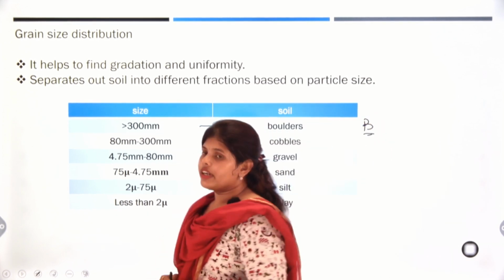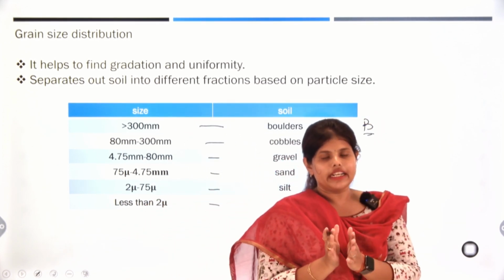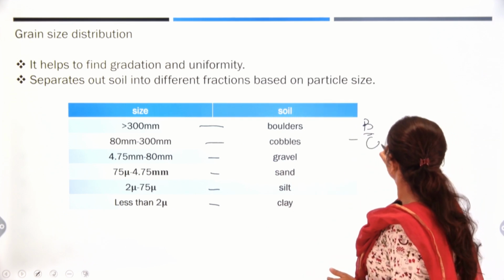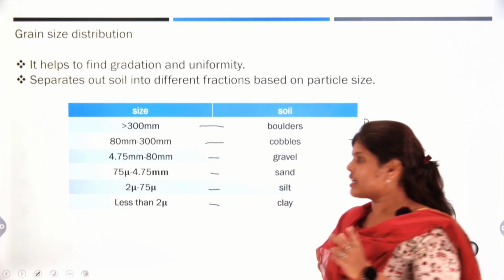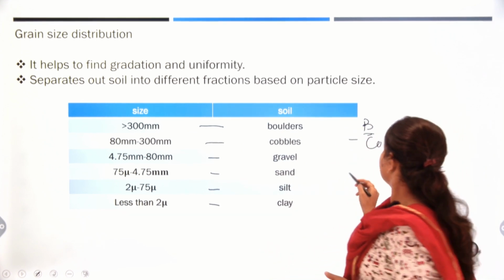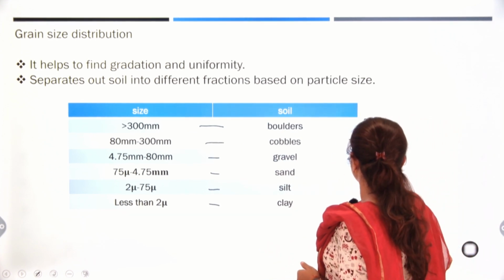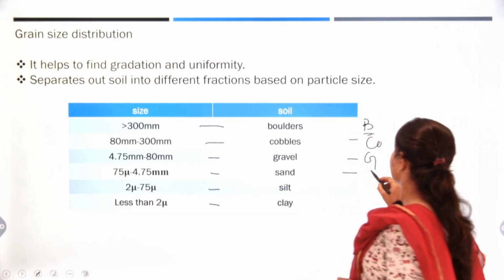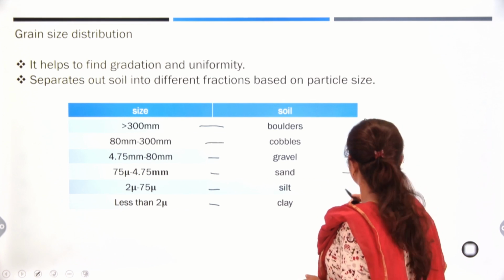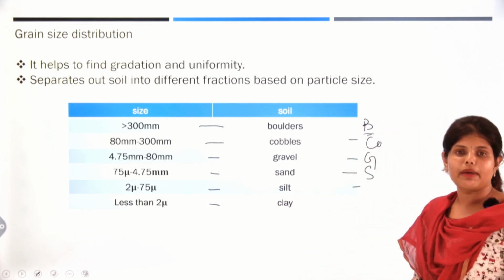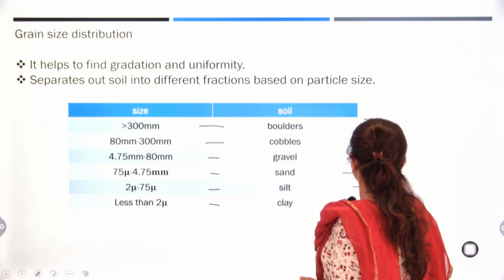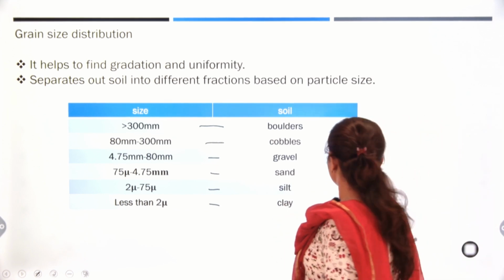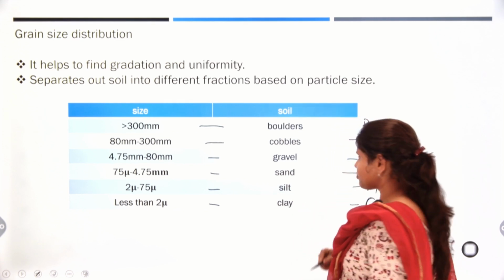Next, 80 mm to 300 mm soil size is termed cobbles, CO. Next, 4.75 mm to 80 mm will be gravel, G. 75 micron to 4.75 mm will be sand. 2 micron to 75 micron will be silt, for which we take M. Less than 2 micron is clay.